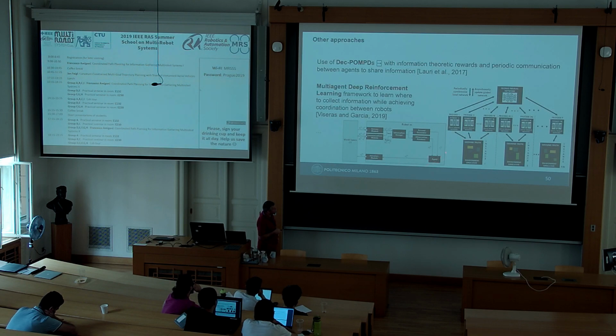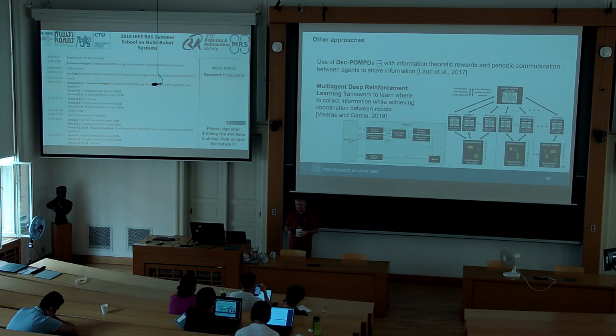That is basically a reinforcement learning policy that has been learned using this deep reinforcement learning network. I will not go into the details here because it will take too much time. But the message is there are several approaches for solving this information-based exploration.